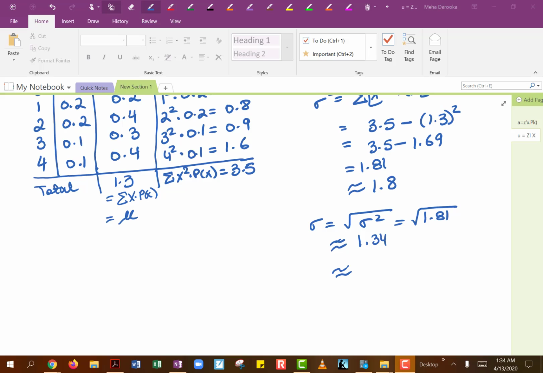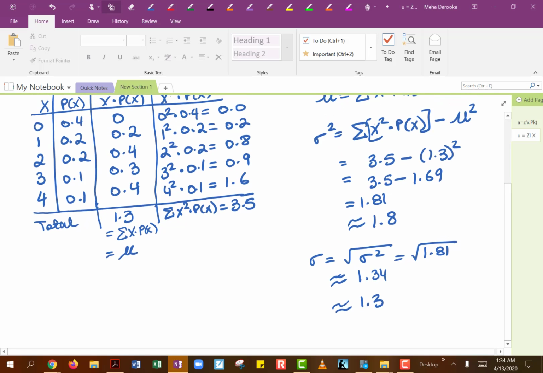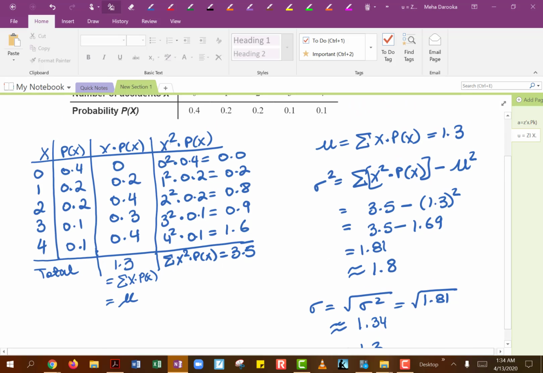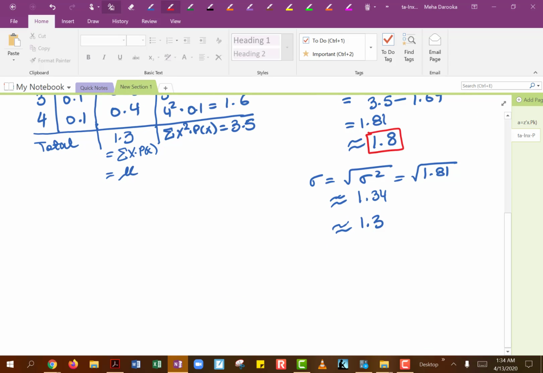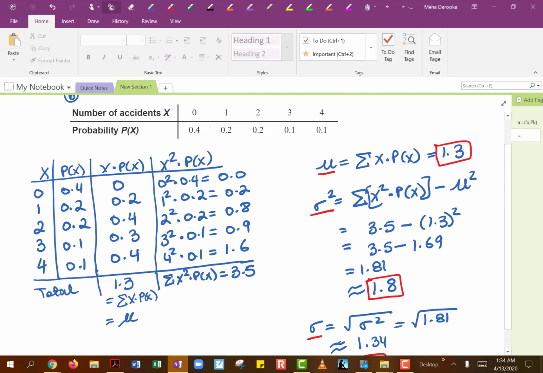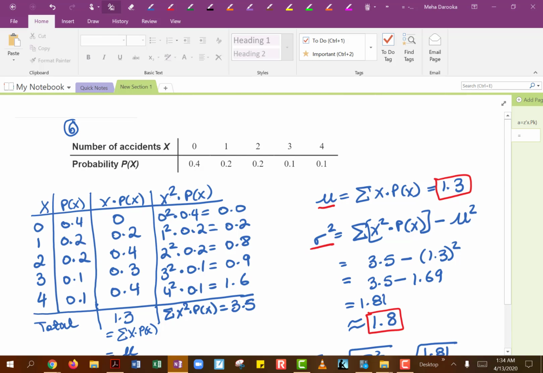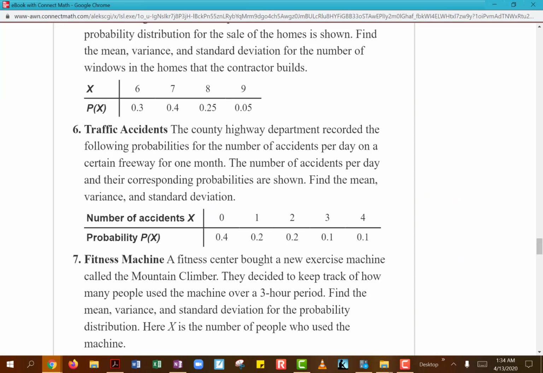Following our rounding rule, it comes out to be 1.3. So now you can see we have a mean of 1.3, a variance of 1.8, and a standard deviation of 1.3.